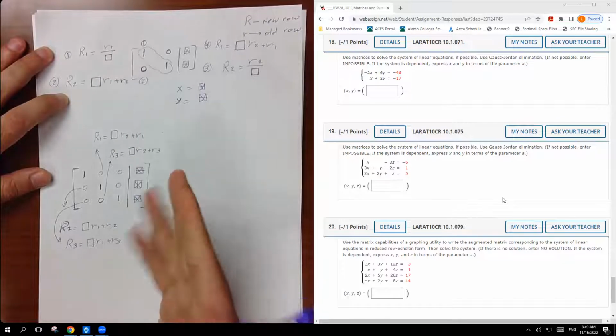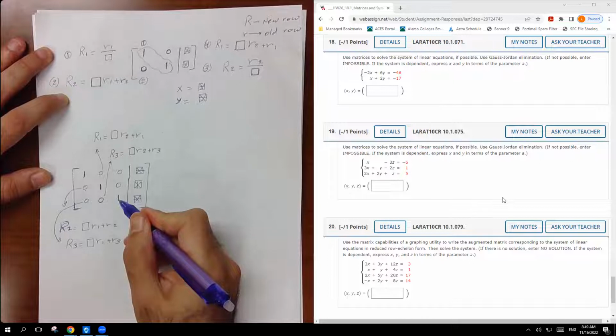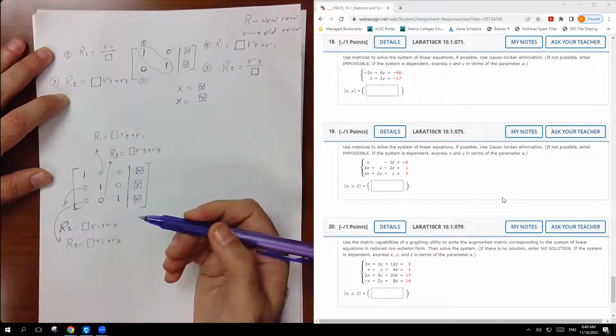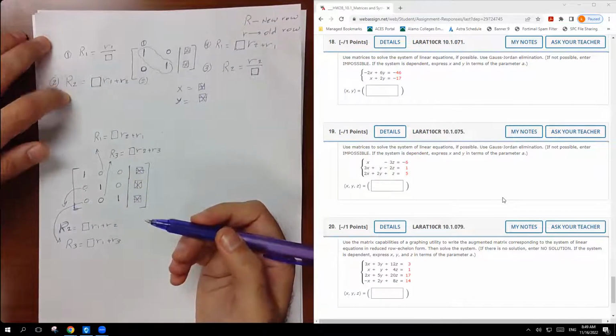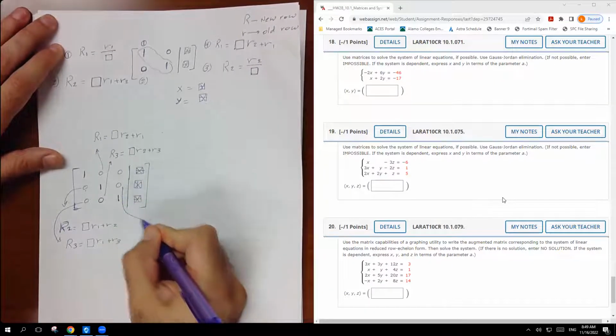The last 2 steps, if you're going to convert this number to 1 by dividing, then you're going to convert these 2 numbers to zeros. That means you're going to work on this one. I'm going to write down the rule here.